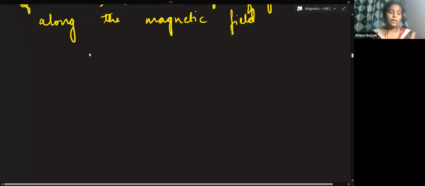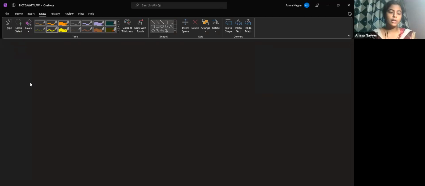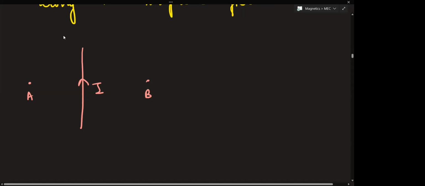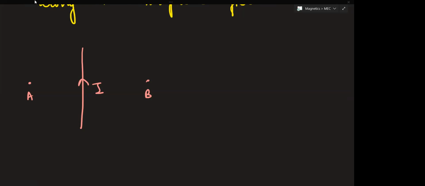Okay, let's say this is one wire, pointing in this direction. This one is point A, this is B. All of you write in the chat box the direction of the magnetic field.